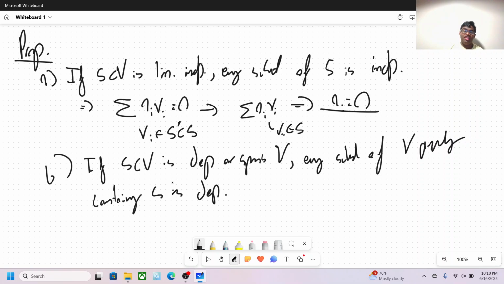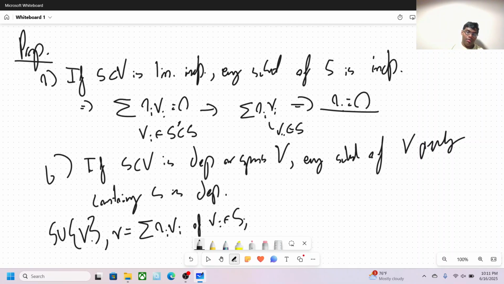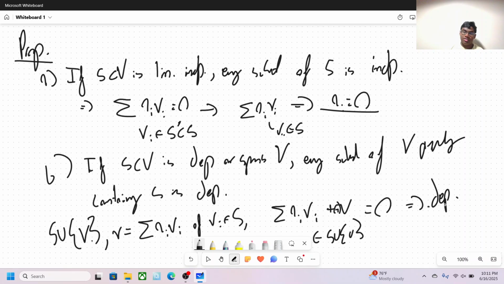And if S spans V, then if we add anything onto S, say we take the set S union {v}, since S spans V, v is a combination of the sum a_i v_i with v_i in S. But then take the combination sum a_i v_i minus v, which is a combination of terms in S union {v} with coefficient -1 on v, and this is equal to 0. So this is some kind of non-trivial combination that equals 0, and hence this shows dependence.